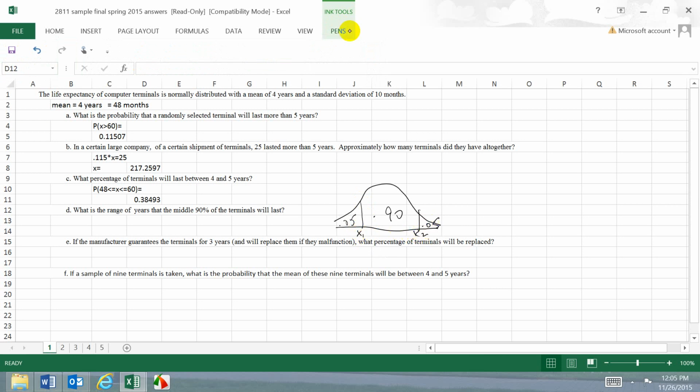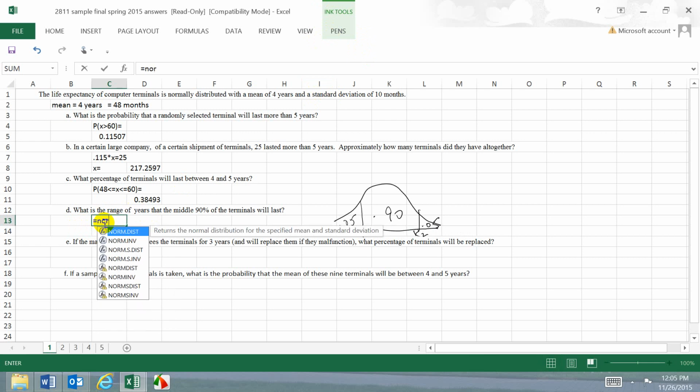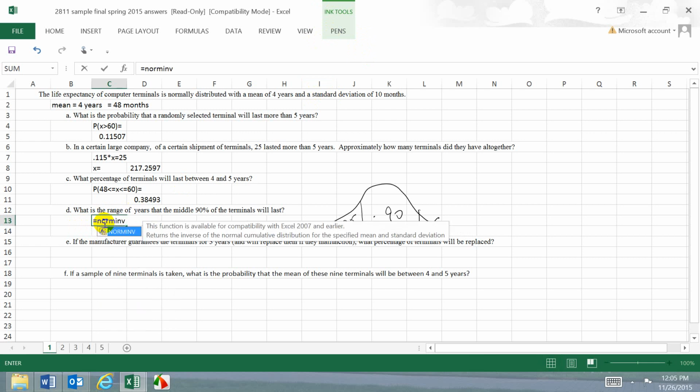So x1 is going to be norm inv, with 0.05, because 5% is below x1, so the probability is 0.05, and the mean is again 48, standard deviation is 10, and so on the lower side it's 31.55 months. That's x1, and now x2.